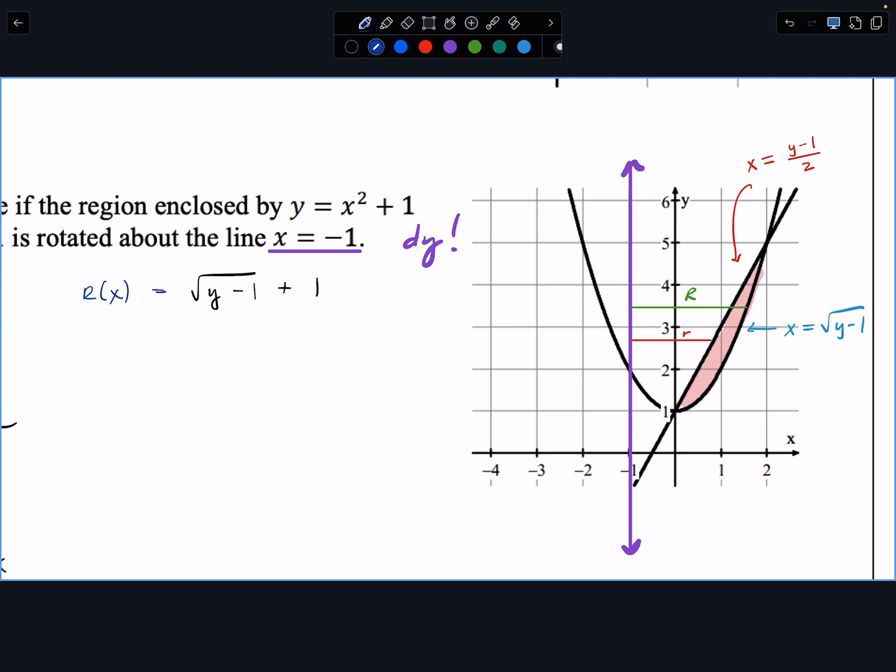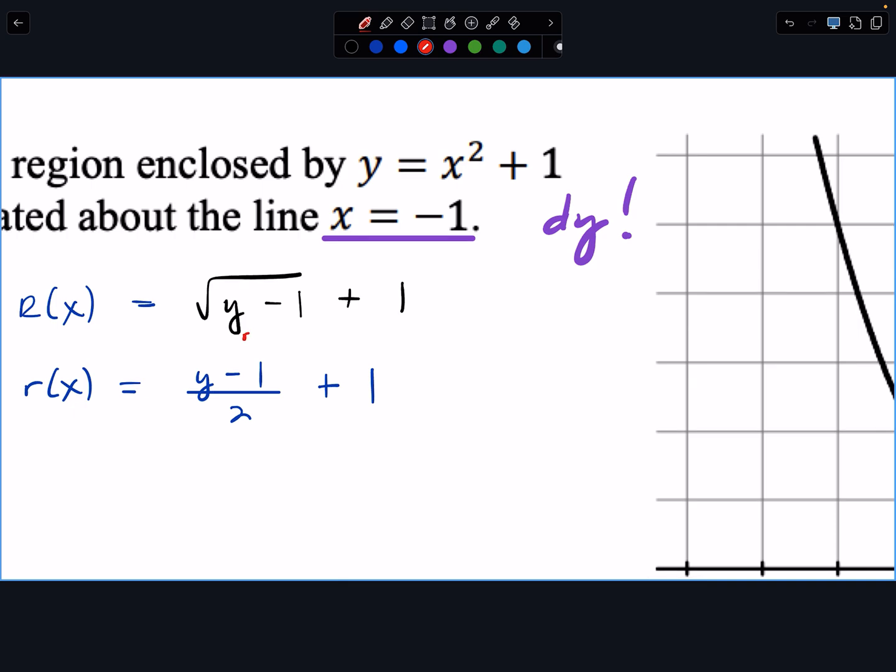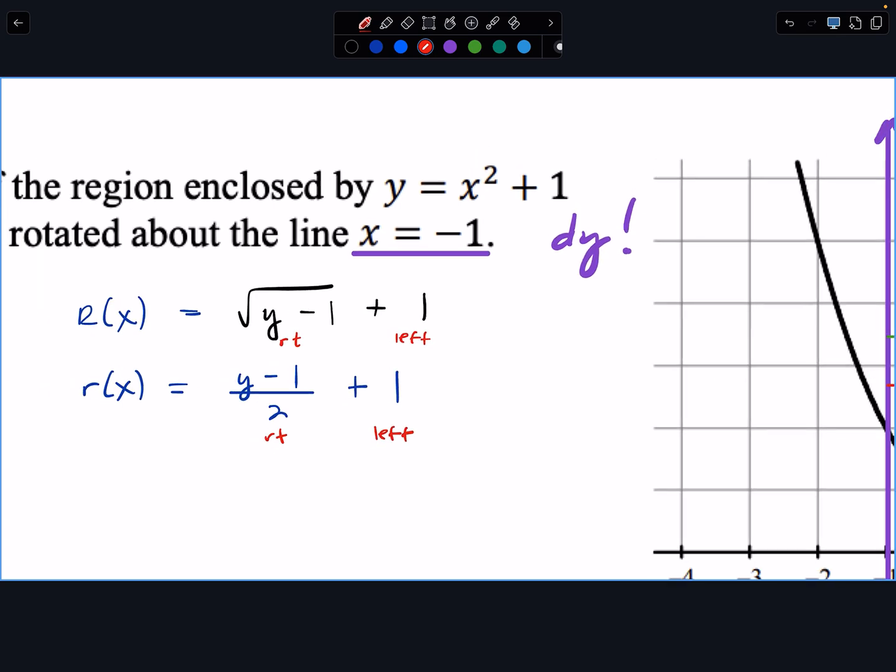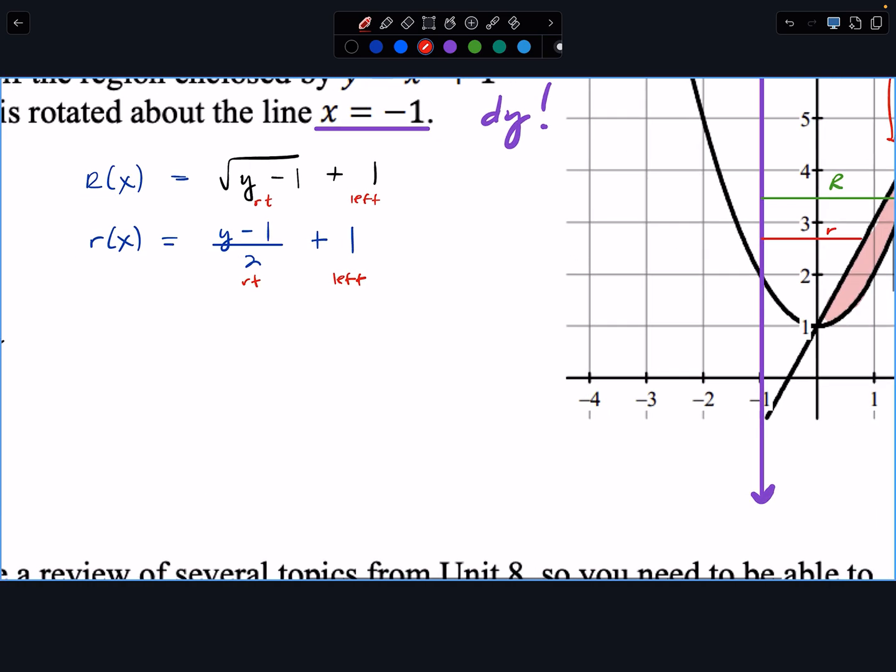So then little r of x is going to be y minus 1 over 2 minus negative 1, which is the same thing as plus 1. So right, left, right, left. Questions on where that came from?